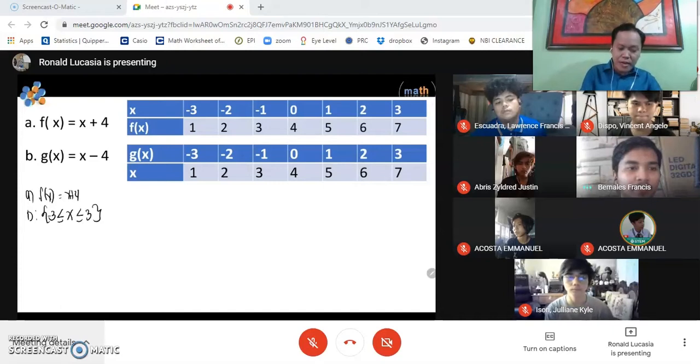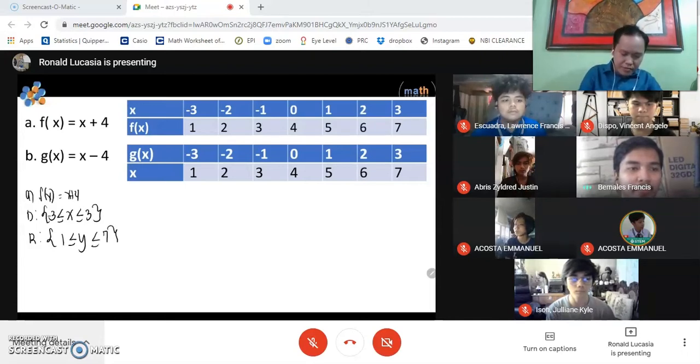That's correct. What about the range, Francis? For the range, y is greater than or equal to 1, but less than or equal to 7. Very good.